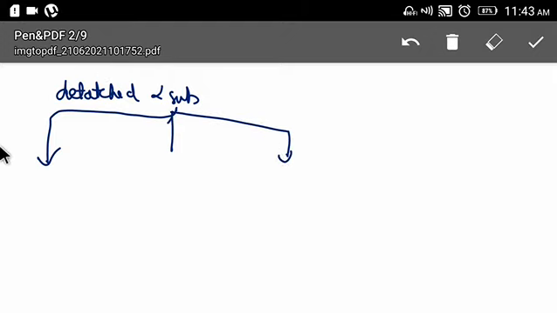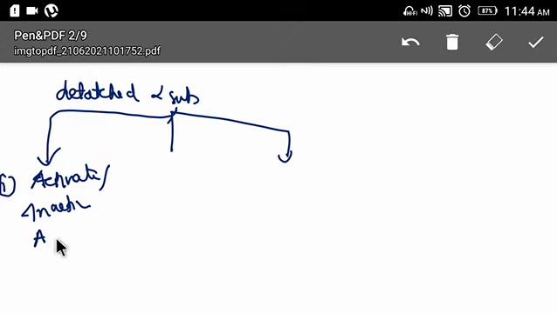One is it may activate or inactivate the enzyme adenyl cyclase. And the second thing it can do is activate the phospholipase C enzyme.